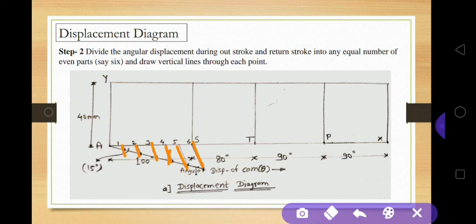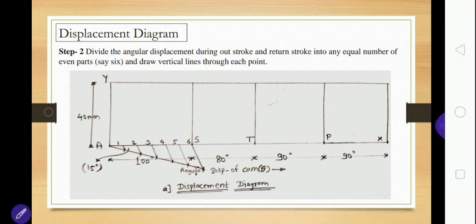Like this we have got 6 points on the AS line. Give these names 1, 2, 3, 4, 5, 6 to these points, and these are the 6 equally spaced points on the AS line.